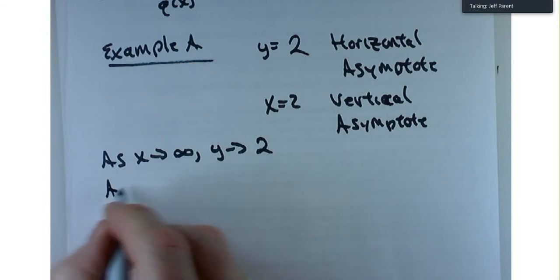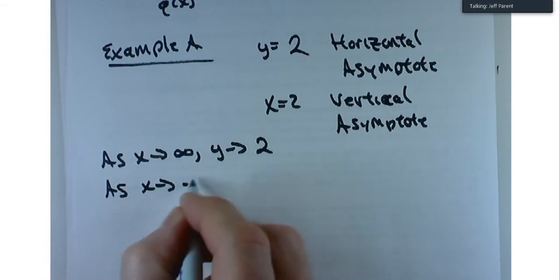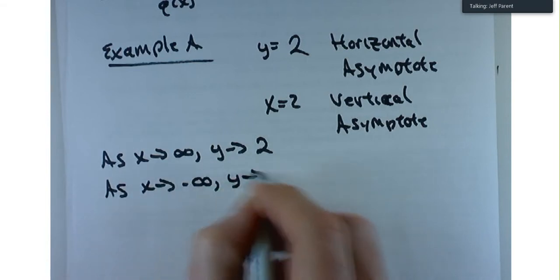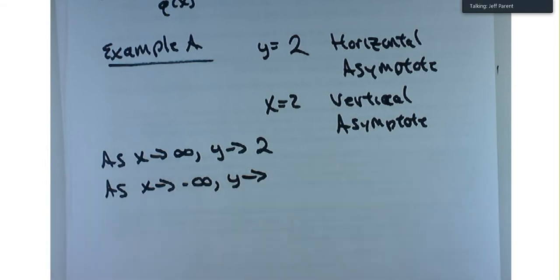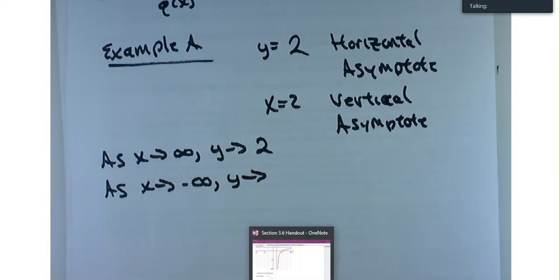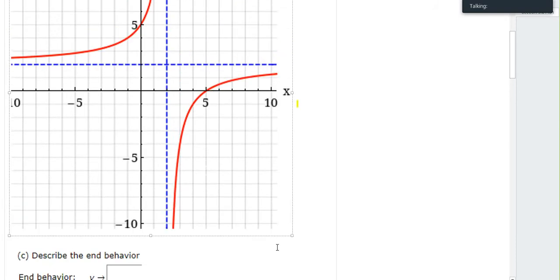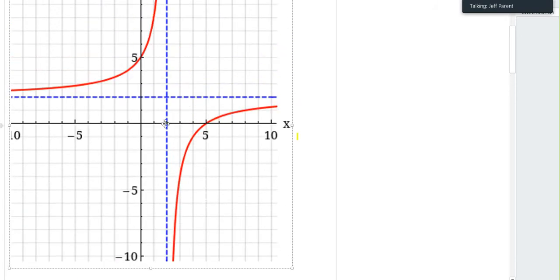How about testing yourself on this? As x approaches negative infinity, what does y approach? Let me flip back to the graph. As x approaches negative infinity, going out the negative x-axis, what's the y value settling down at? 2.